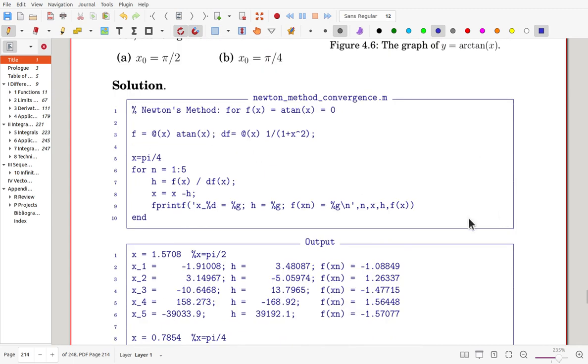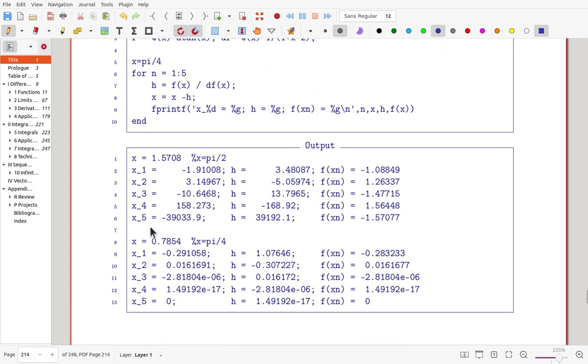Okay, here we have the result for 5 iterations. Once you start with x equal pi over 2, then as you can see over there, now x is diverging. The values go to left side, right side, left side, right side, far left side. Now the next iteration will go far right side, so it is diverging. And correction terms are given in this way.